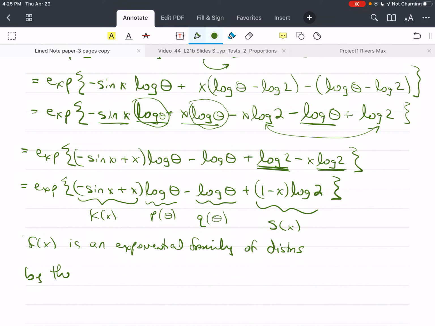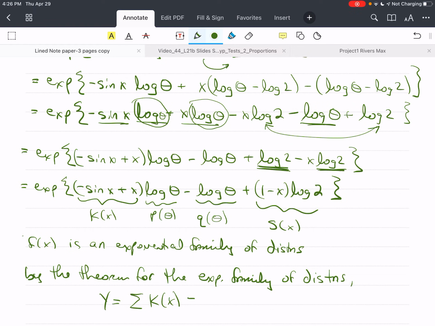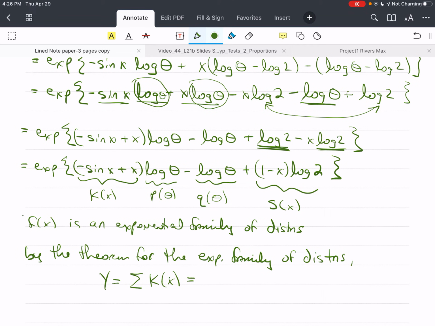By the theorem for the exponential family of distributions, y equals the sum of k of x, which I'm going to rewrite as the sum of x minus sine x, I can put the positive first, is a sufficient statistic for theta.